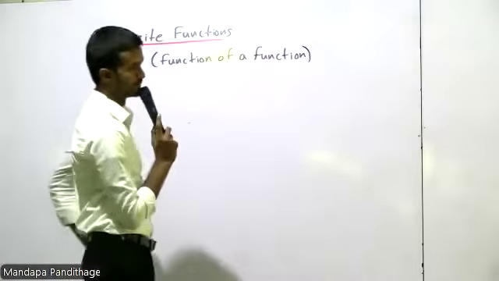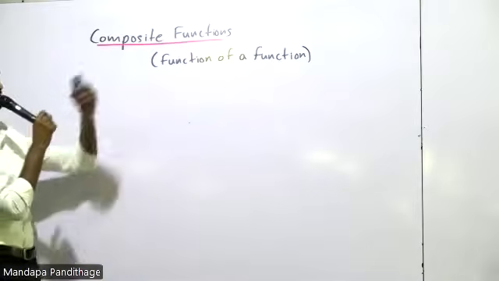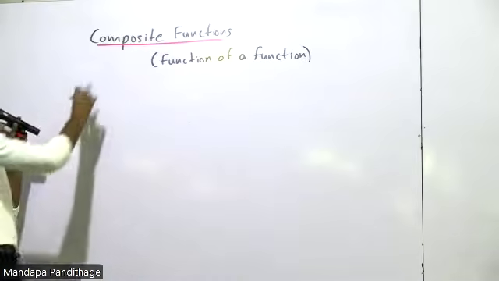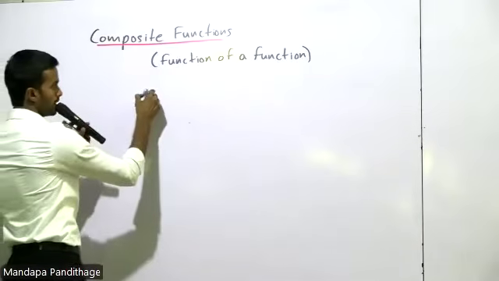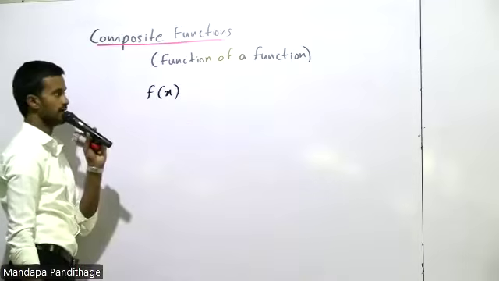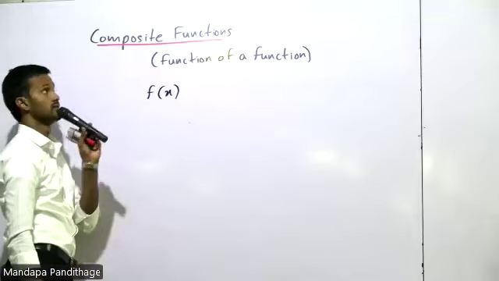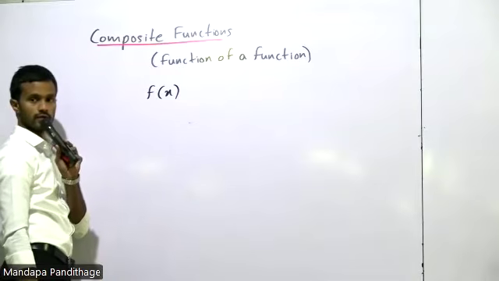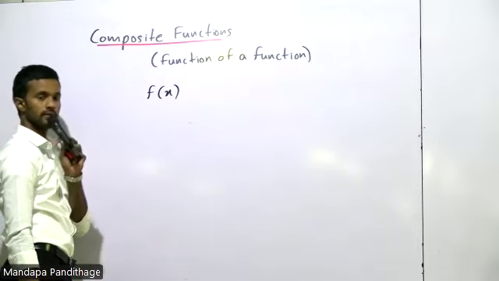So what is the meaning of a composite function? Normally what we have inside this function is an independent variable. Okay, so listen. Write the topic, composite functions, function of a function. Now look at the board, everyone. Stop other work.